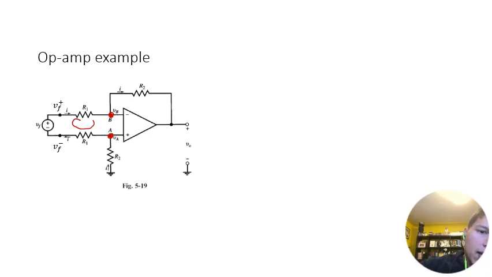So we could try KVL going around this loop. And what we're going to get is, if we start at VA, we have VA minus, so that's the voltage here, minus I times R1. So I is the current flowing through this circuit.